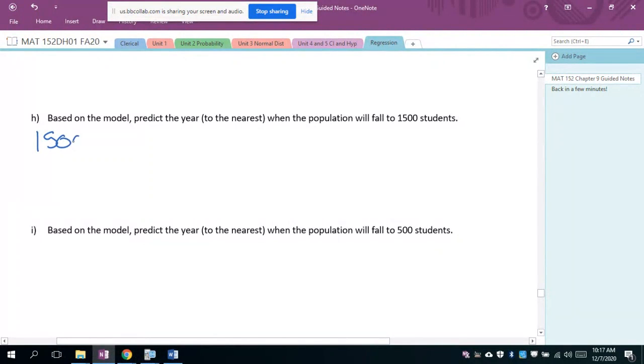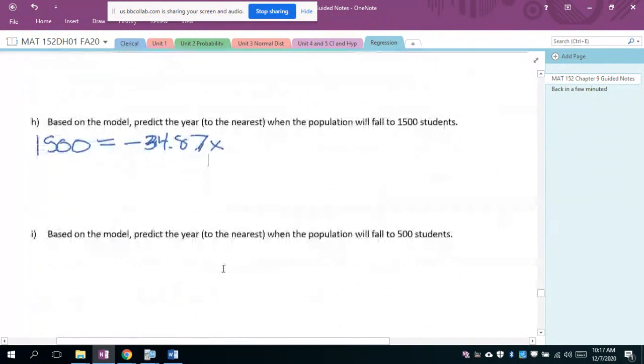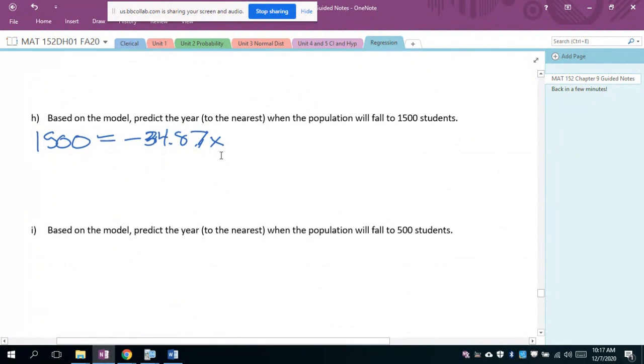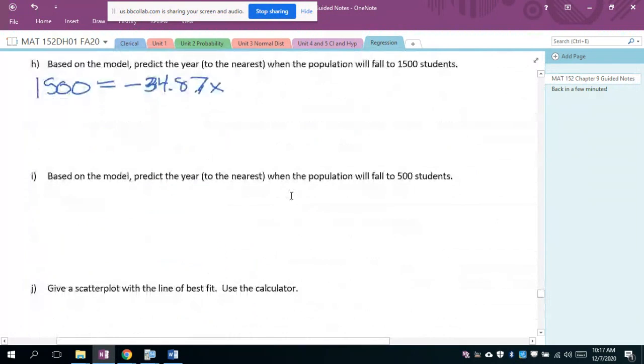So you would have to solve the equation 1,500 equal to negative 34.87x plus 2428.62.